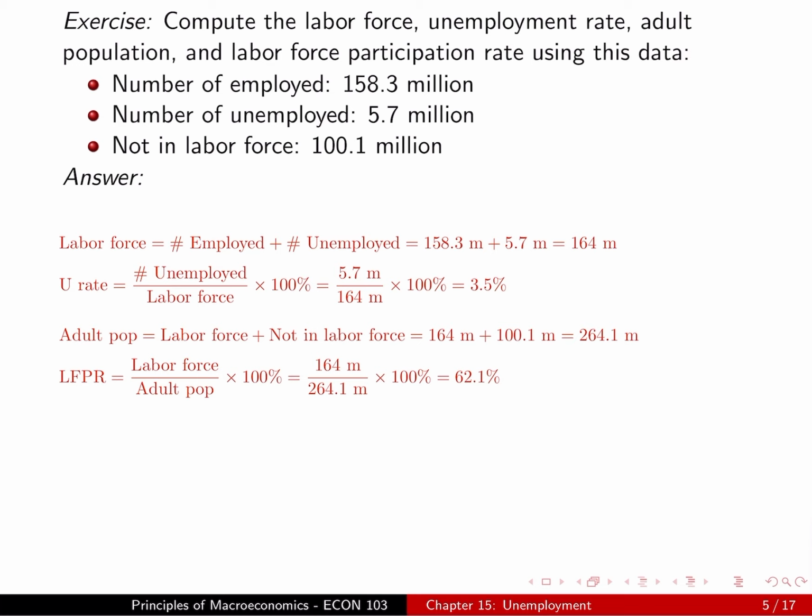So we take 164 million plus 100.1 million equals 264.1 million. Lastly, the labor force participation rate can be found by dividing the number of labor force by the number of adult population, then multiplying by 100%. So we take 164 million divided by 264.1 million times 100% equals 62.1%.